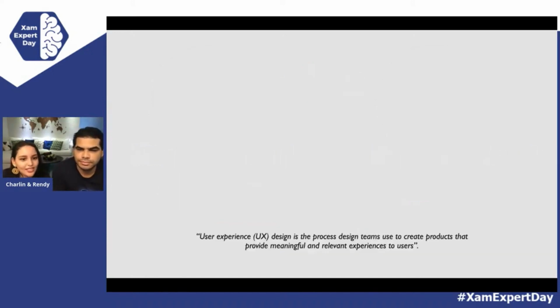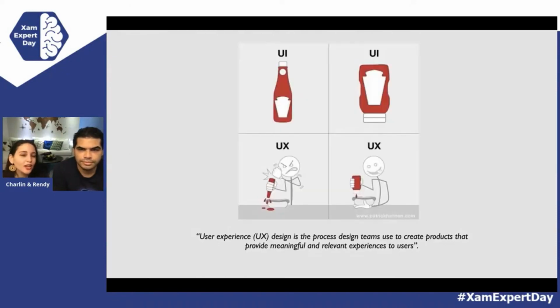So first, what is user experience? User experience is a process design teams use to create products that provide meaningful and relevant experience to users. So basically, when we talk about UI, we are talking about how a product looks, how an application looks. When we are talking about UX, we are talking about how we can use the app and what experience we can provide to the user.